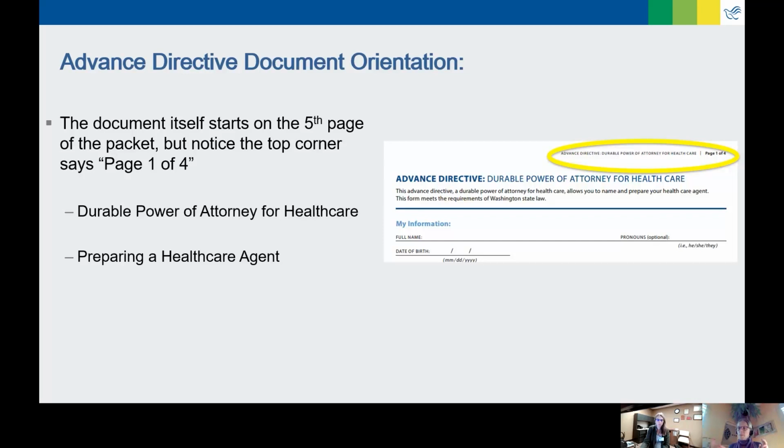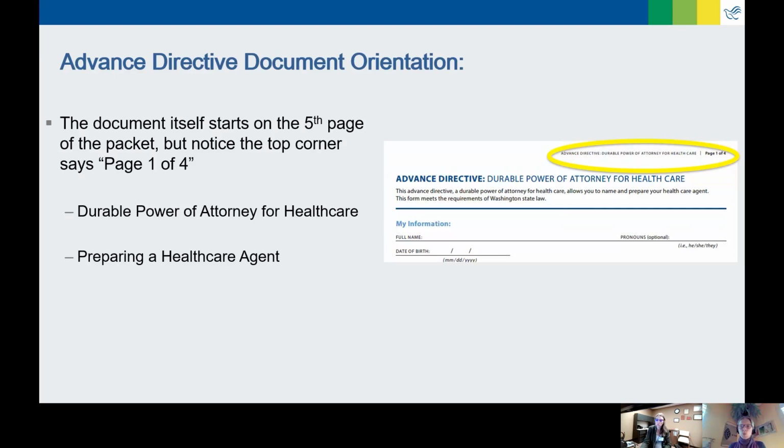So a simple way to differentiate between the two is really pagination. You'll see that circled in yellow. The document itself starts on the 5th page of the packet, but if you notice up at the top corner, it says page 1 of 4. And so the document itself, the power of attorney and preparing a healthcare agent, the who and the what, is 4 pages in Washington.